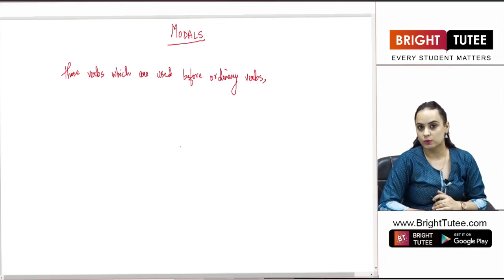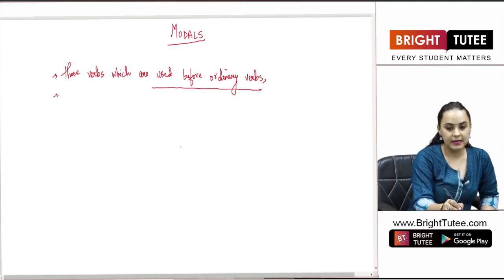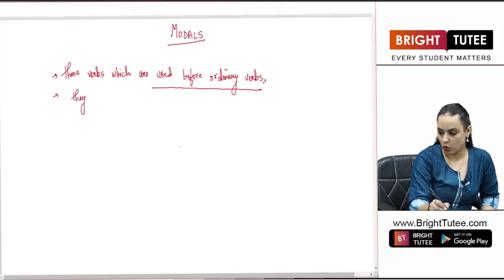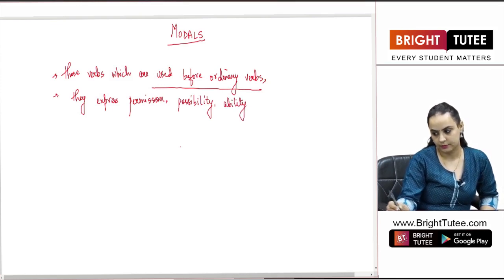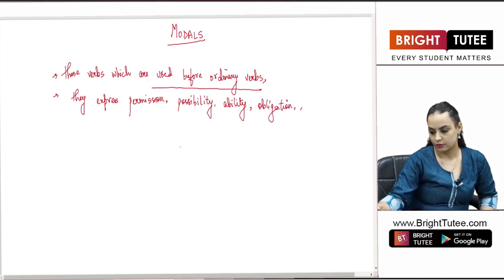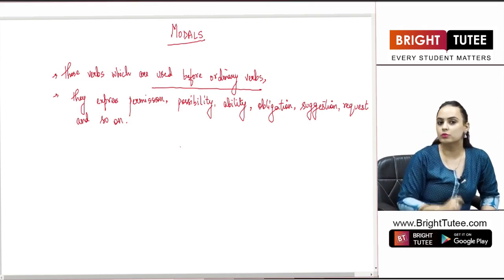So modals are those verbs that are A, used before ordinary verbs, B, they are used or they express permission, possibility, ability, obligation, suggestion, request, and so on.